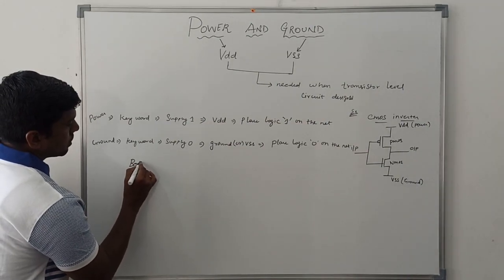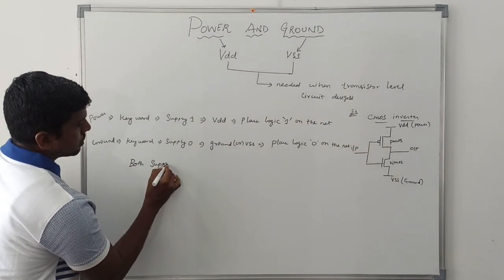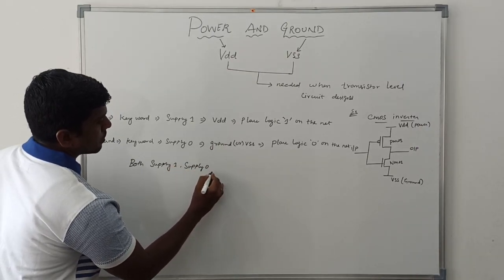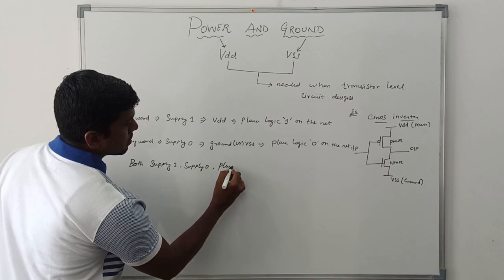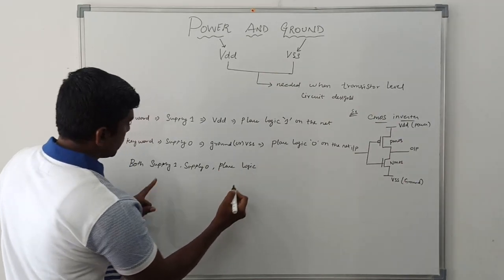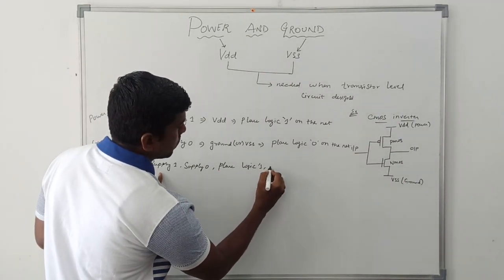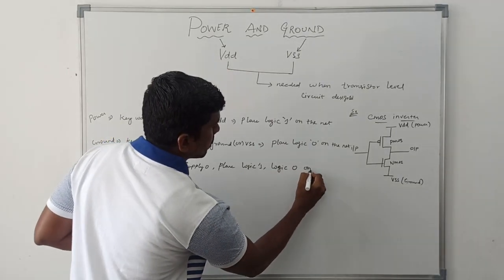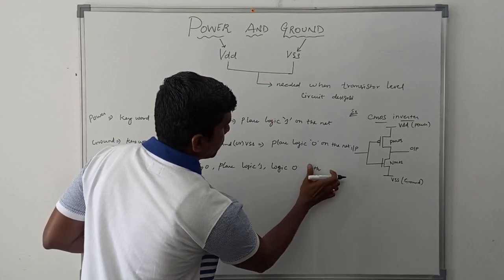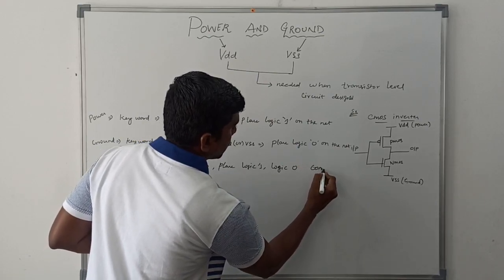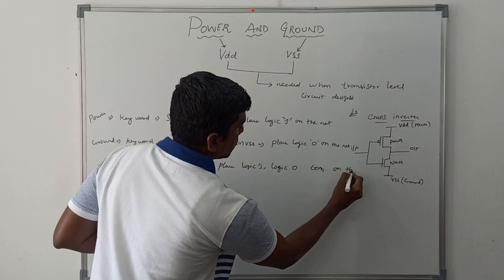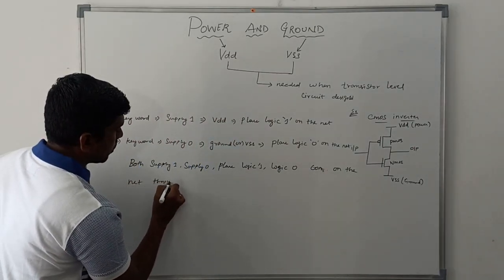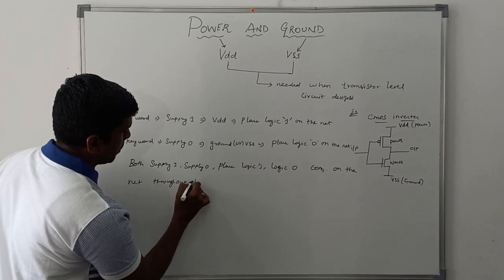Both supply 1 and supply 0 place logic 1 and logic 0 continuously on the net throughout the simulation.